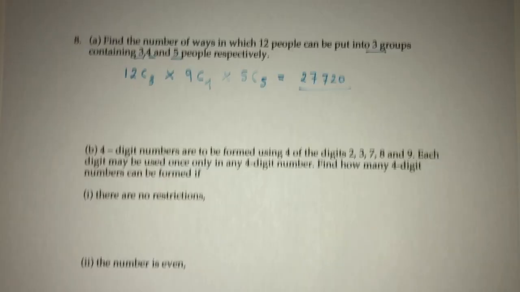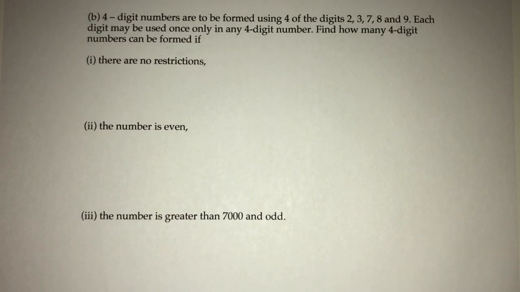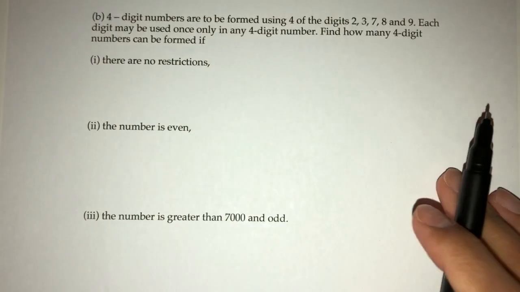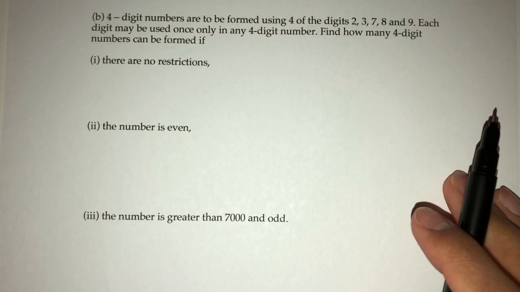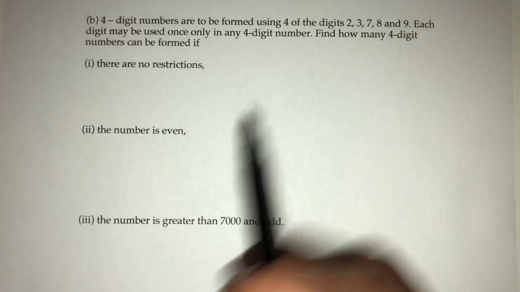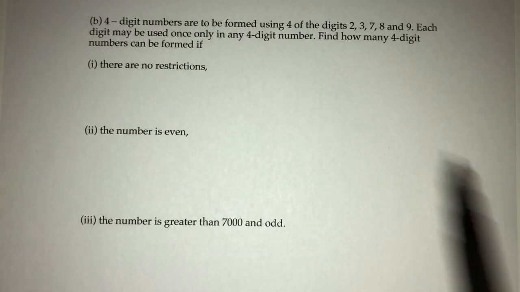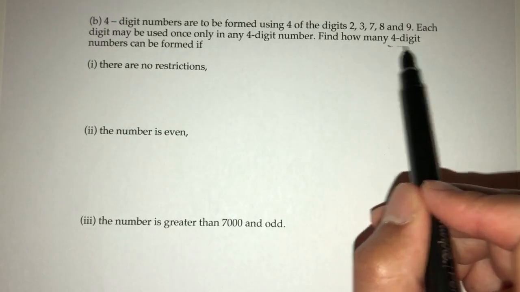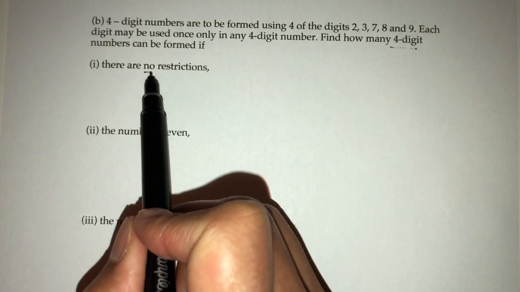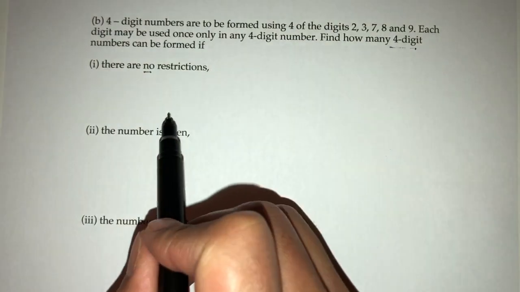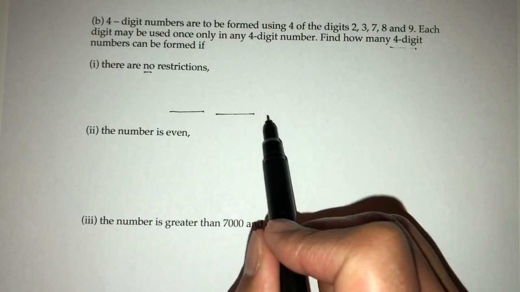That is the first one. Now for part B, 4-digit numbers are formed using the digits 2, 3, 7, 8, 9. So we have to choose 4 numbers from them to form the 4-digit number. Now, each number can be used only once. Find how many 4-digit numbers can be formed if there's no restriction. Pretty easy. So 1, 2, 3, 4.